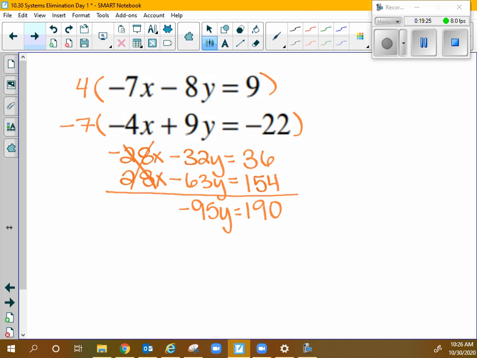Those numbers seem huge, but 190 divided by -95 is -2. So all of that and y is -2. Okay? So you're having to do a lot of work. You're having to get a common factor, but you still got there. Okay? So it is possible to multiply both equations.